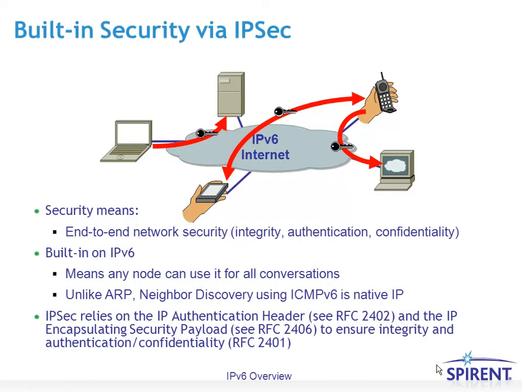Whereas with IPv6, all the different control planes and functions use an IP protocol, ICMPv6, so they can truly be secured end-to-end. And as we'll see when we talk later more about IPv6, it uses the same IPsec protocol specifications, RFC 2402, 2406 and 2401. So it's the same mechanisms, but now it also is used to secure IPv6 in an end-to-end manner.